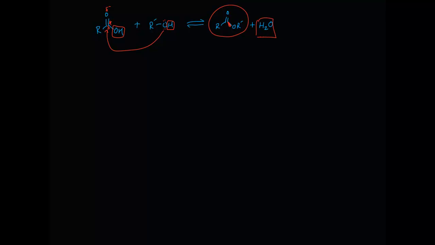So that's essentially esterification, and it's a reaction that doesn't go to completion. It will come to an equilibrium, of course, meaning you have some reactants left over, and this happens in the presence of an acid catalyst, such as concentrated sulfuric acid, H2SO4.